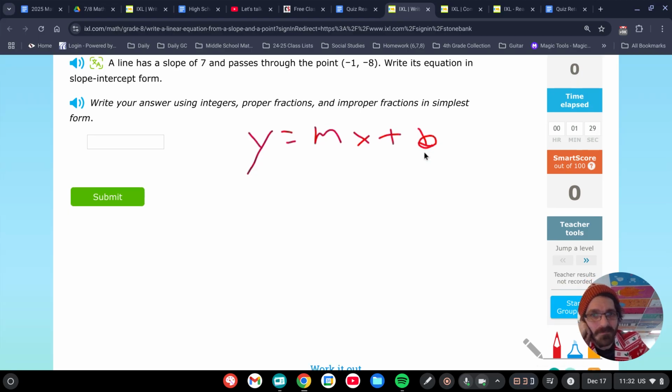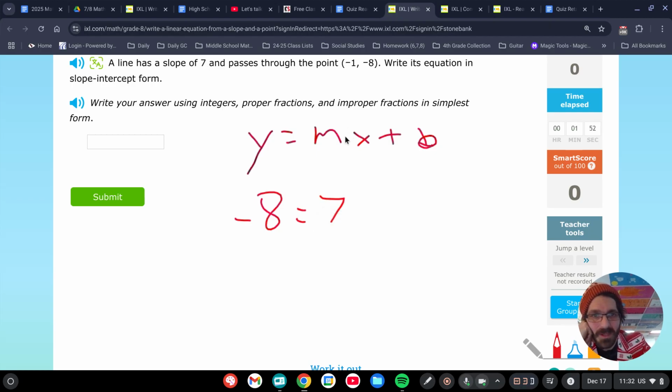So let's do that. Instead of y, I'm going to write -8. Where did I get that? I got that from right here. I can't write there, so I'll just show you right here. That is the y-coordinate. I already have the slope. They told me what it is. That's up here, 7.